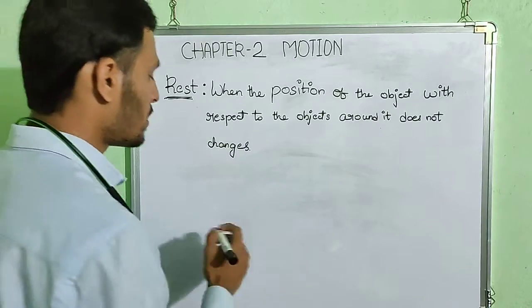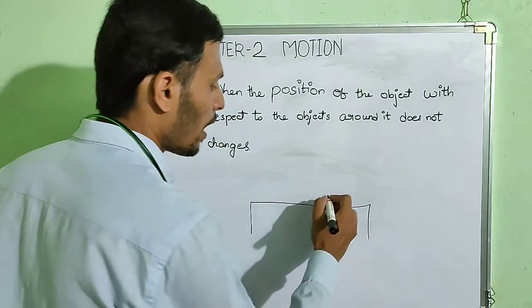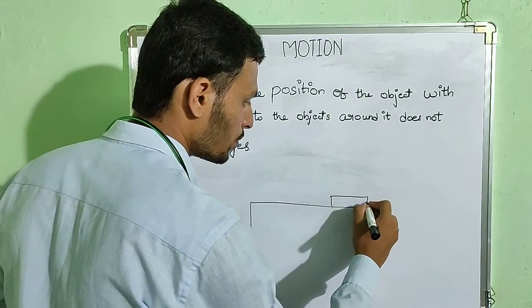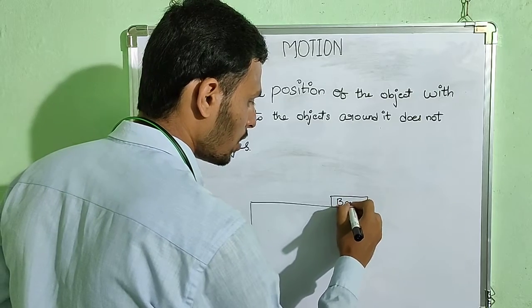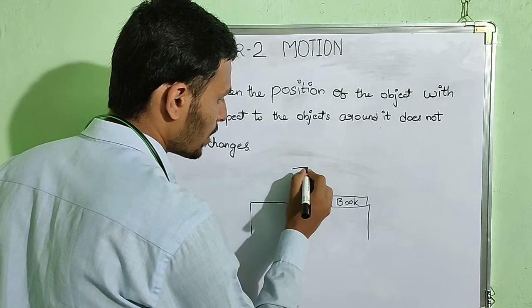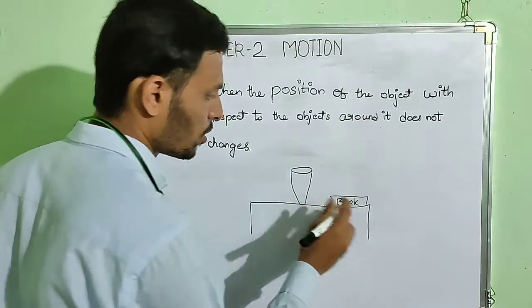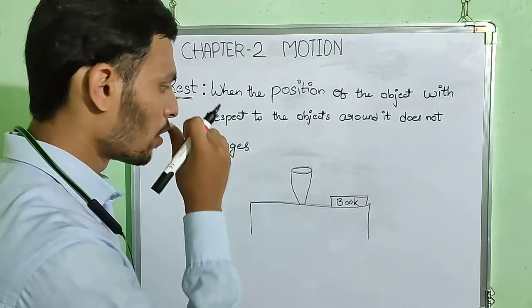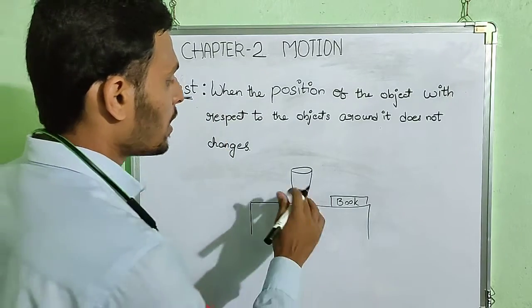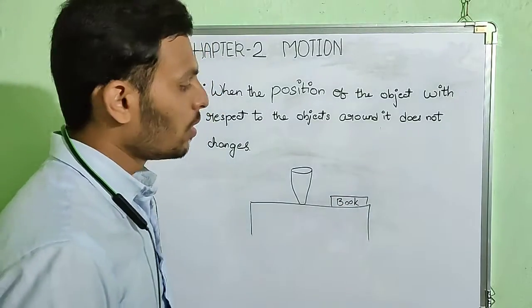For example, let us consider this is a table, and here is a book. Now let us consider there is one glass beside the book. This glass is not moving, and not even the book is moving.